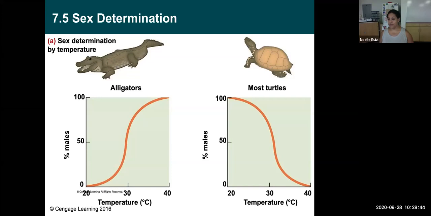A lot of turtles are the opposite. If the eggs are fertilized at lower temperatures, there's a lower percentage of males, I'm sorry. So alligators, warm temperatures means more males. Turtles, warm temperatures means more females. Those are some environmental factors that can affect certain animals.